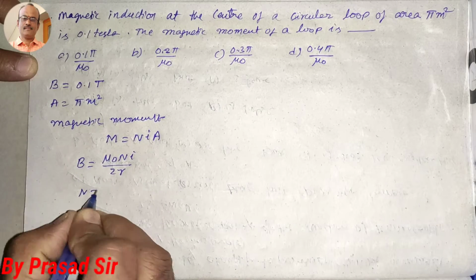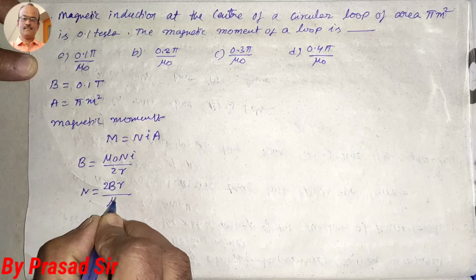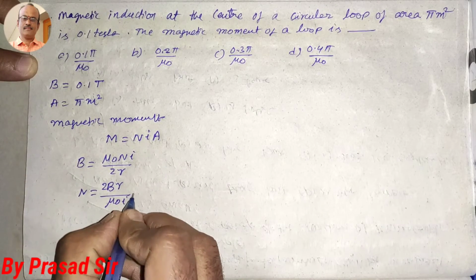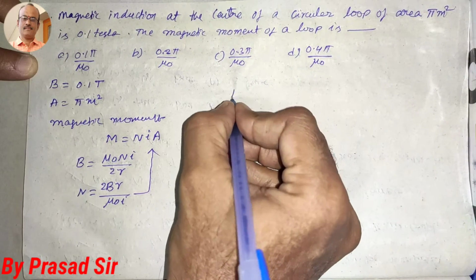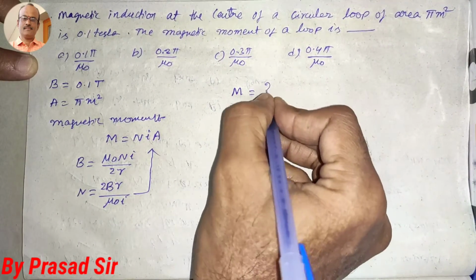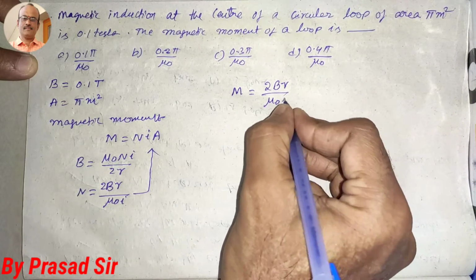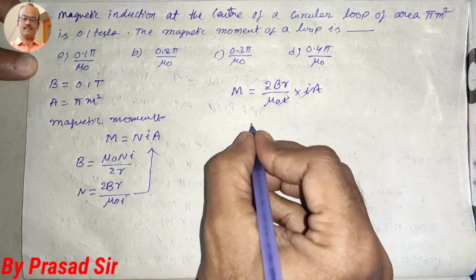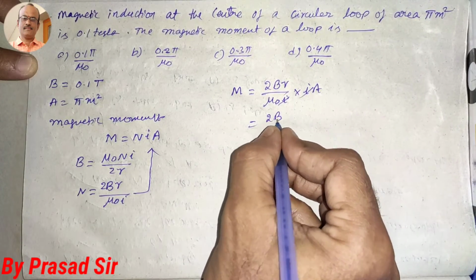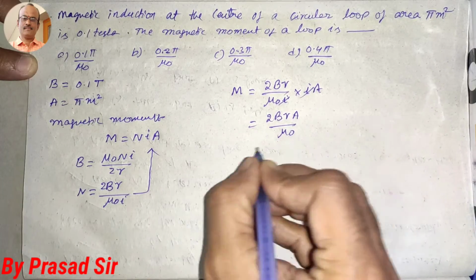So from this N is equal to B into 2R divided by mu naught into I. Now I am substituting this value here. So what I will write here? Capital M is equal to 2BR divided by mu naught into I into I into A. So I gets cancelled. 2 times BR A divided by mu naught.